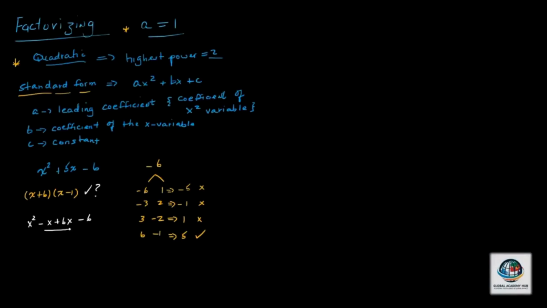Now I have like terms here, x and x. So now I have x squared plus 5x minus 6. Therefore, this is correct. I factorized correctly.